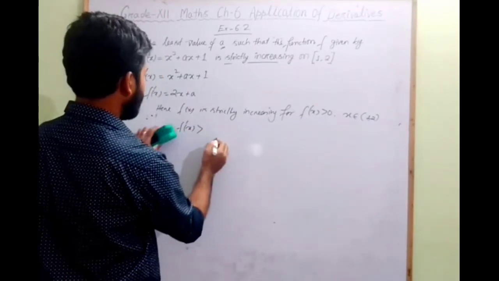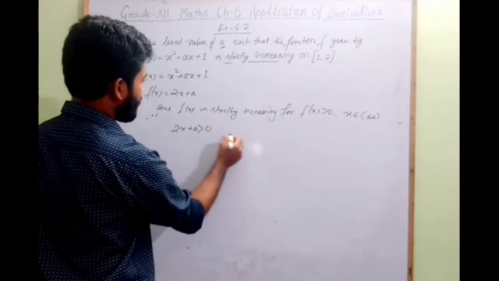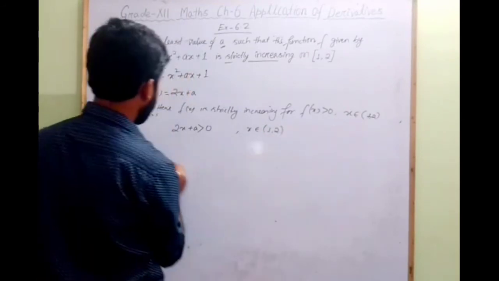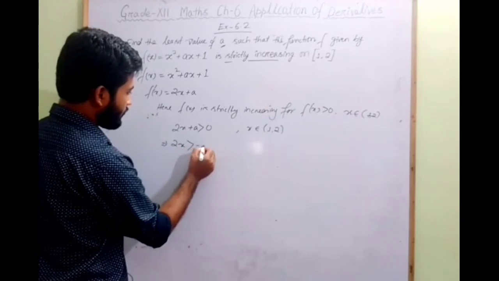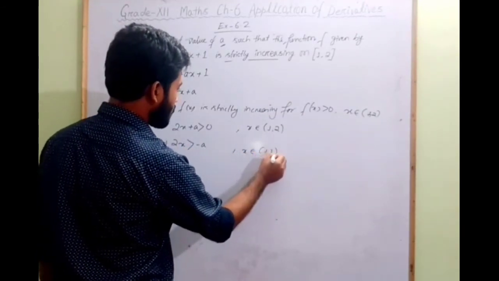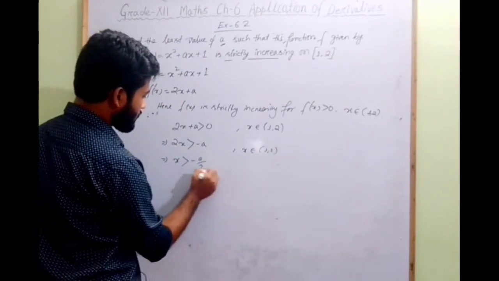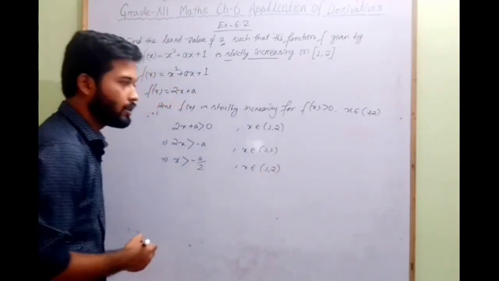So this will imply, what is our f dash x? It is 2x plus a greater than 0 for x belongs to the open interval (1, 2). So from here we get 2x is greater than minus a, and this gives us x is greater than minus a by 2 for x belongs to (1, 2).